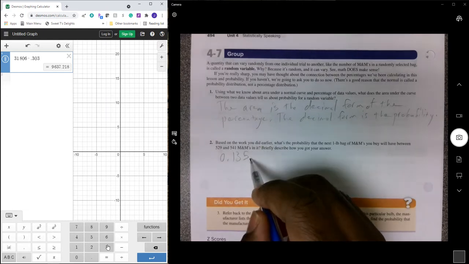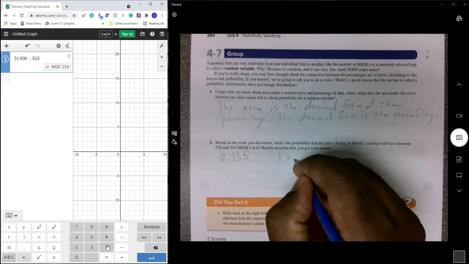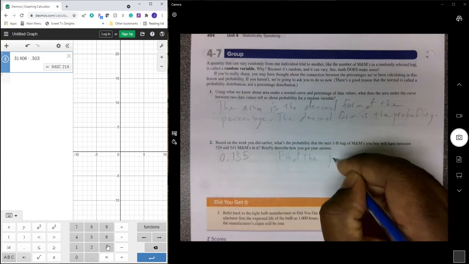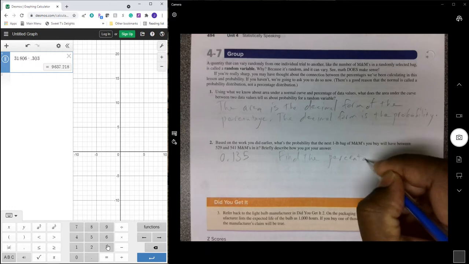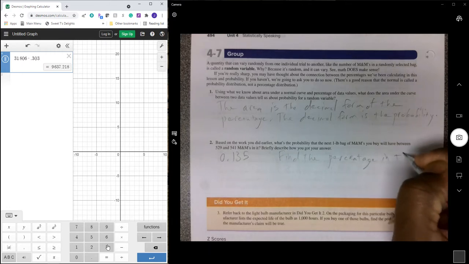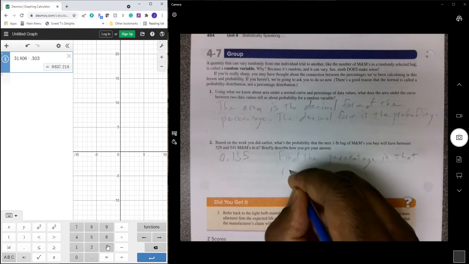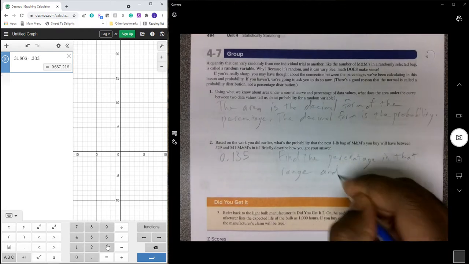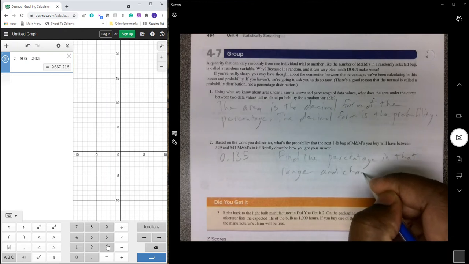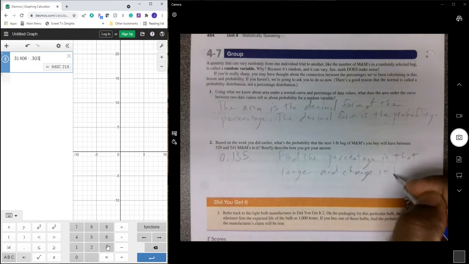Basically we will find the percentage in that range and change it to a decimal.